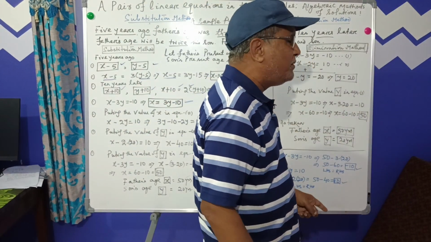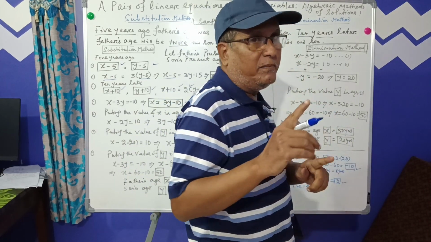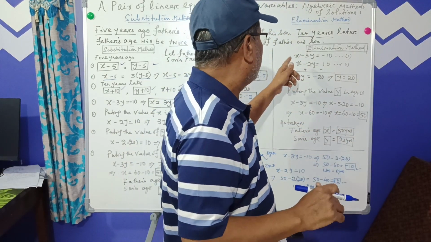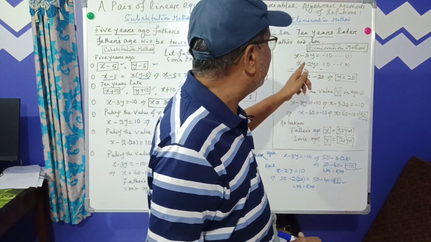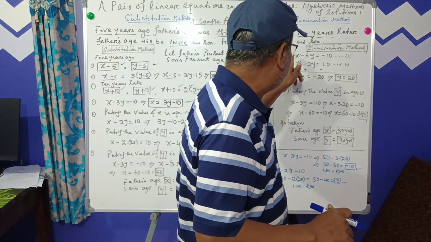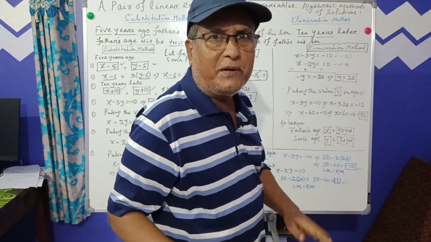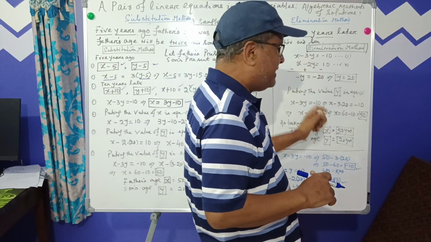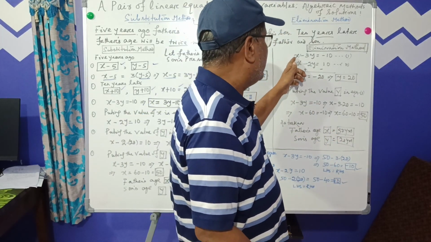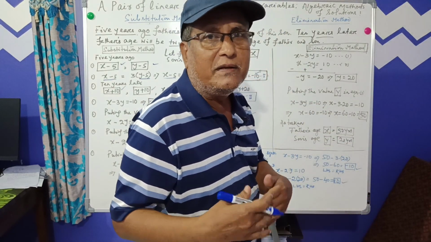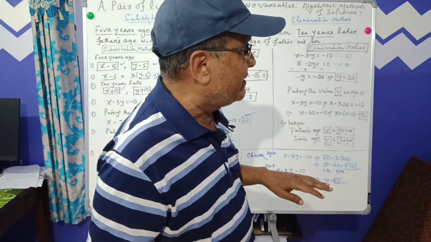It can be removed when the coefficients are the same. In polynomials we have discussed that x is a polynomial whose coefficient is 1 and degree is 1. But when the variables have the same coefficient, the two terms can be subtracted or eliminated easily.